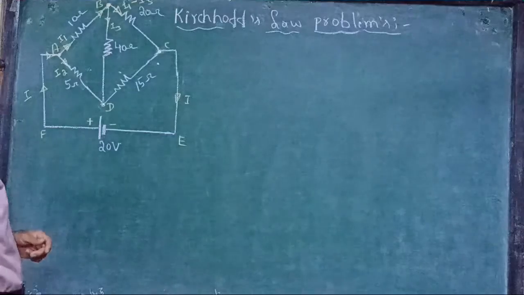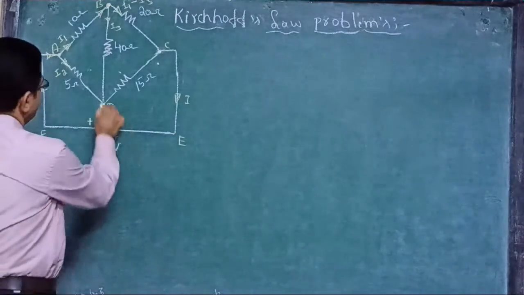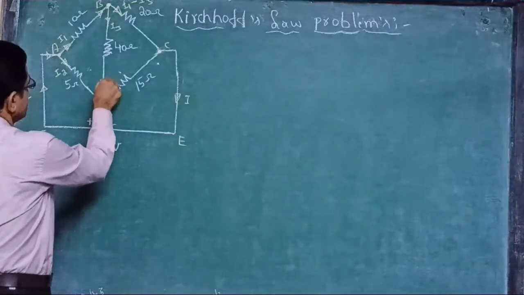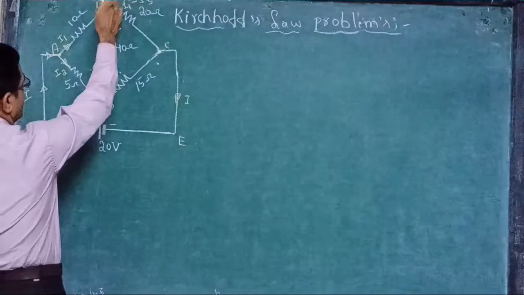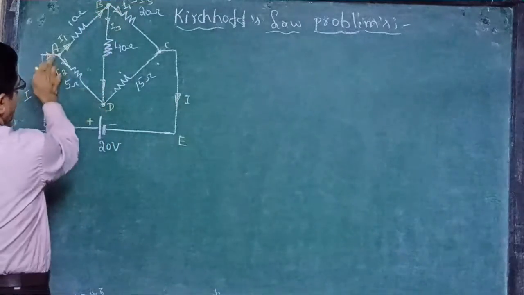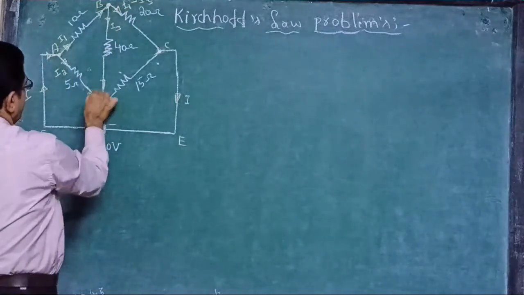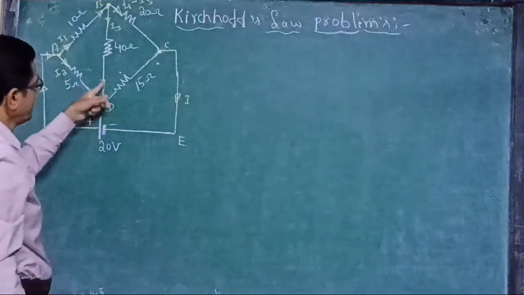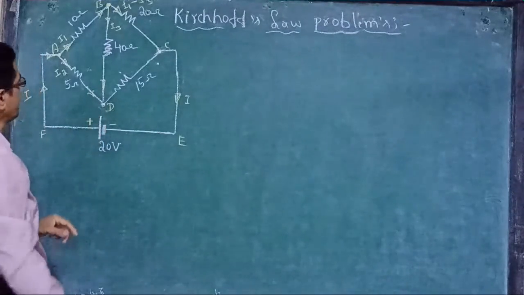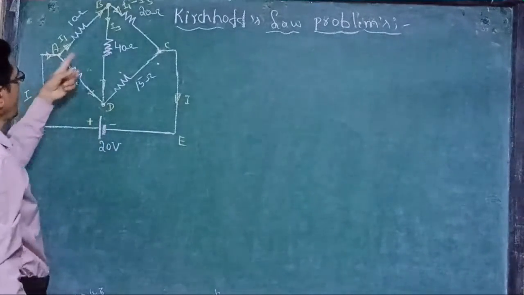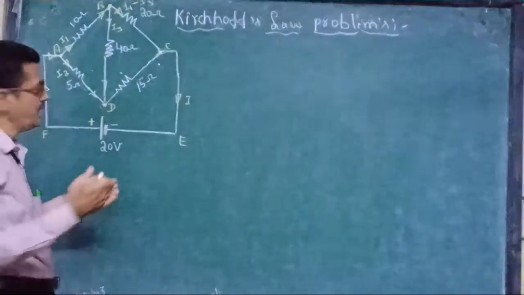Then current also flows from B to D and A to D. Here the currents add up. Which currents? I2 and I3 add up.